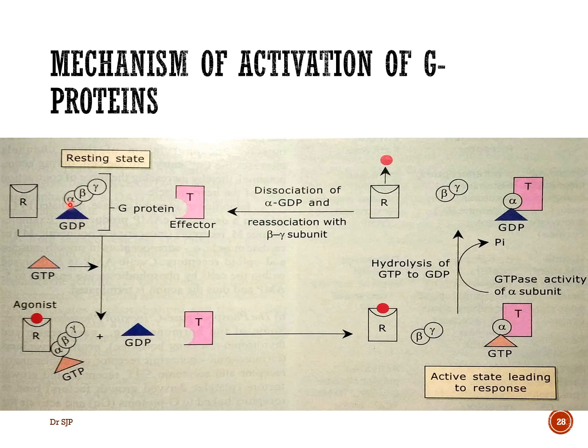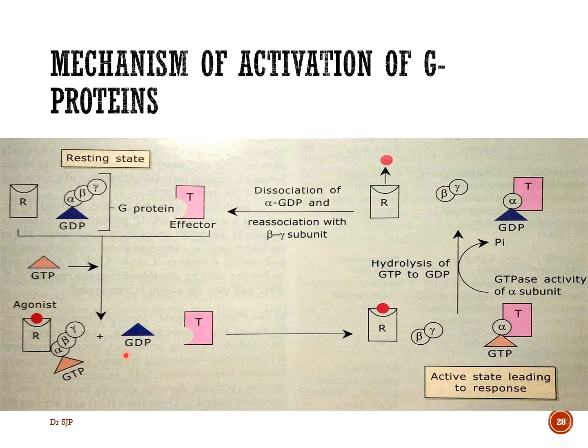And binding of an agonist, say for example in this case epinephrine, if it binds to a G protein coupled receptor, that is, if this is your beta 1 adrenoceptor, what does it cause? It causes exchange of GTP for GDP on the alpha subunit, right?